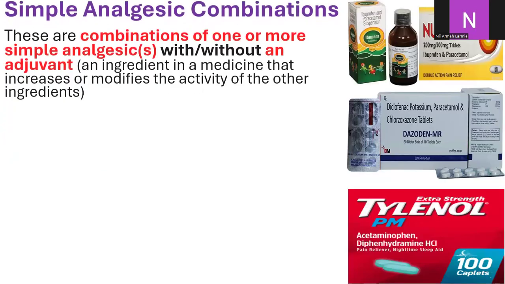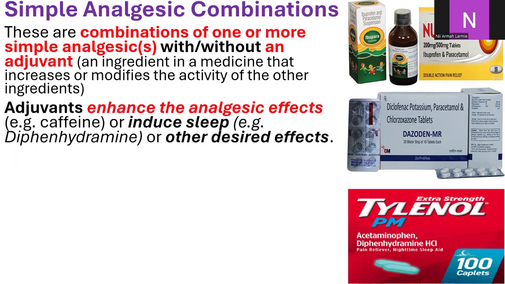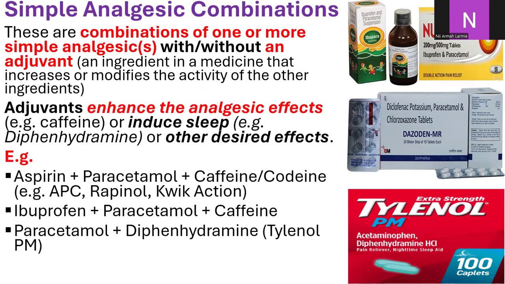We could also combine simple analgesics, and we can combine opioids, without combining one class with another class. In this case, a combination of one or more simple analgesics will be referred to as a simple analgesic combination. Now, some of these combinations are also available on the market, and you can purchase them.